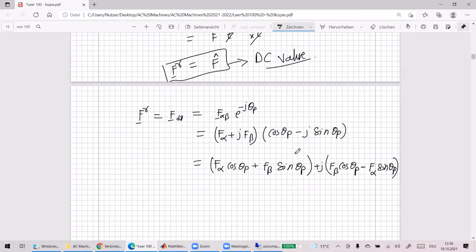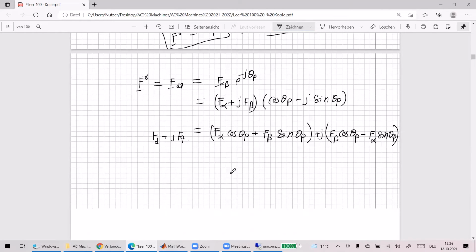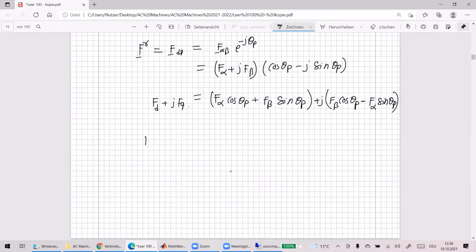Now we can again write this F vector dq as fd plus jfq, and we can equate the real and imaginary part. So the real part is fd, which is equal to F alpha cos theta p plus F beta sine theta p.